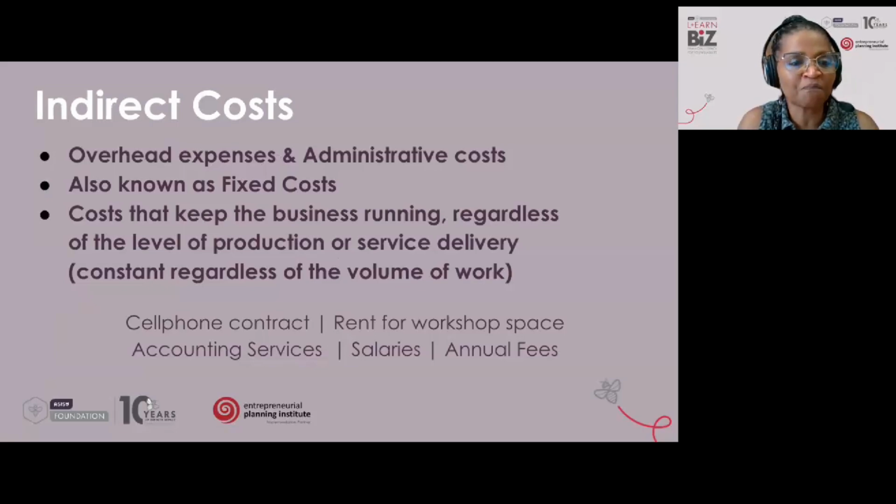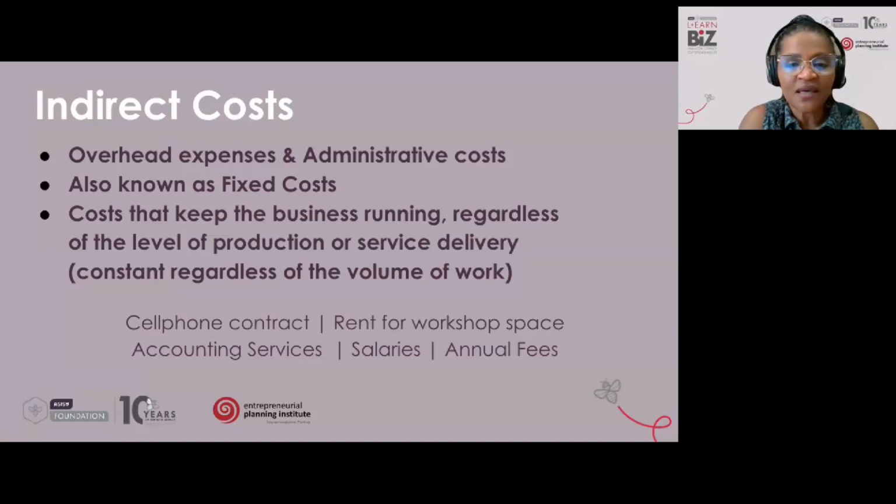On the other hand, there are costs that we call indirect costs. These are the costs for running the business. They are operational costs. They exist whether I am selling a product, whether stock has been bought or not, whether I've gone to see a customer or not. These costs have to be paid.